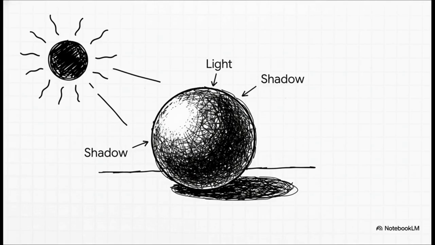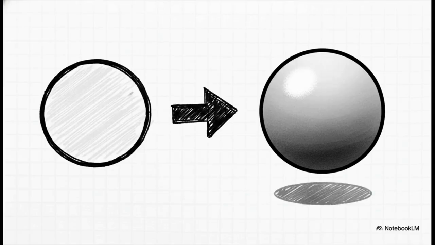These are the visual clues that tell us where something curves, where its edges are, and just how it's sitting in a space. Just think about a simple drawing. It's the shading, right? The careful placement of shadow and highlight. That's what magically transforms a flat circle into a sphere that looks like it could pop right off the page. The bottom line is, without light and shadow, form is basically invisible to our eyes.